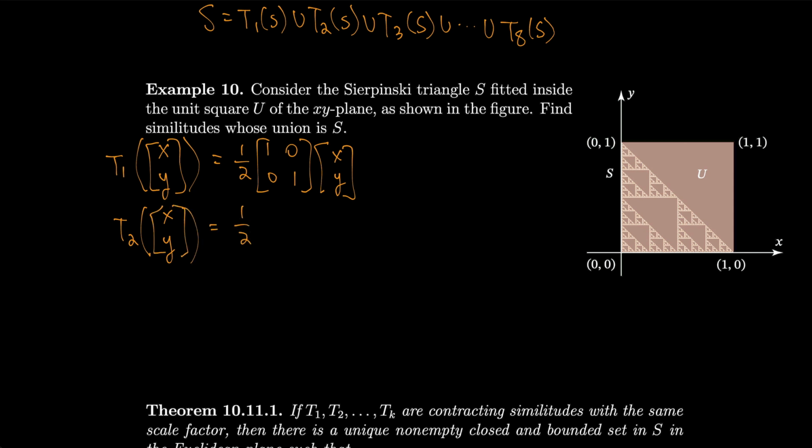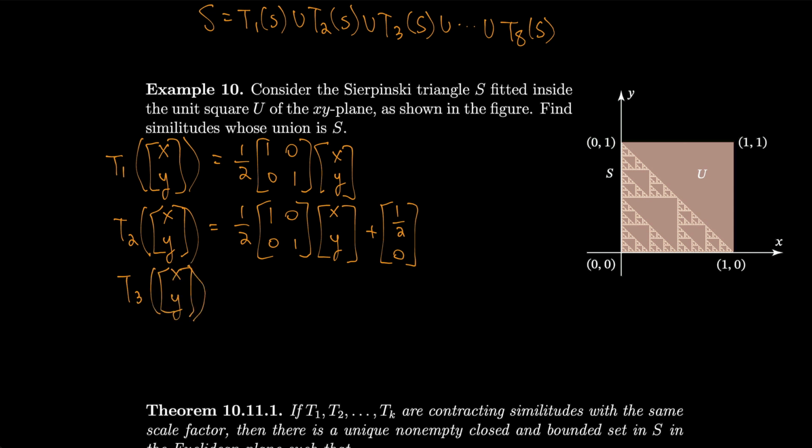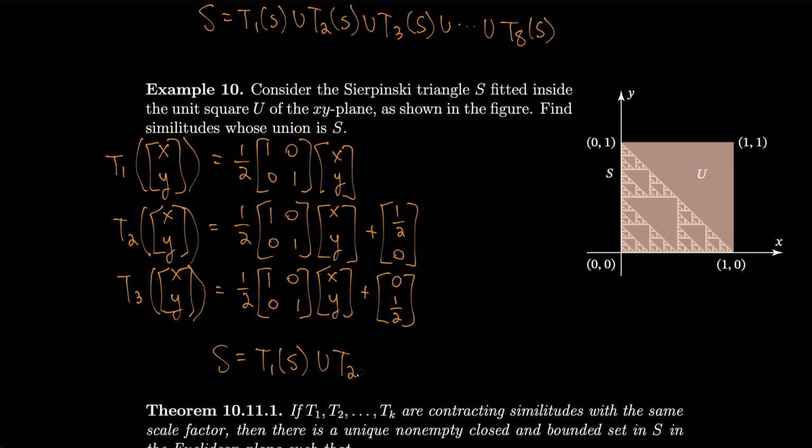So half, 1, 0, 0, 1 applied to xy, and then how about we move to the right half? And then for the last one, there'll be T3 applied to xy, and that'll be half, 1, 0, 0, 1 applied to xy, and then we'll translate up a half. So we only needed 3 of these, that's great. So we have S equals T1 S union T2 S union T3 S.